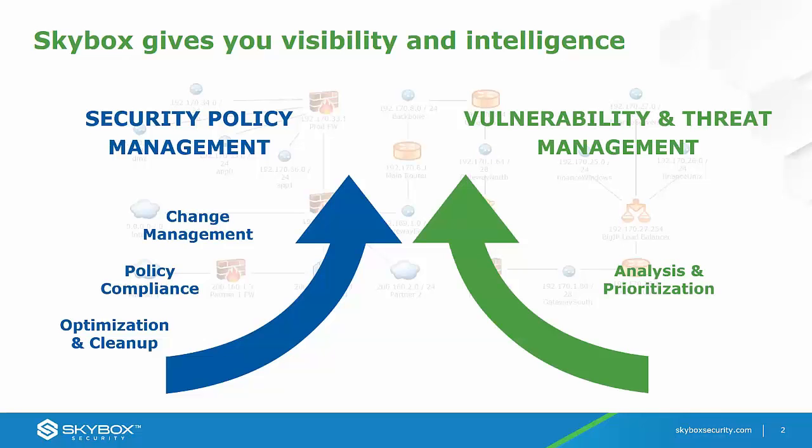This was the original use case for Skybox, to bring a level of prioritization to the vulnerability analysis process that went beyond simple severity levels. The problem we are addressing here is an inability for the remediation team to get their arms around the most critical vulnerabilities.